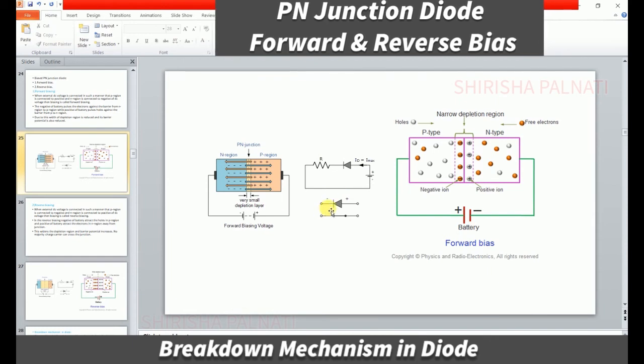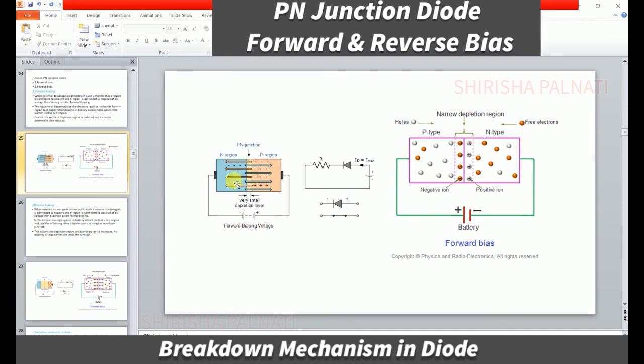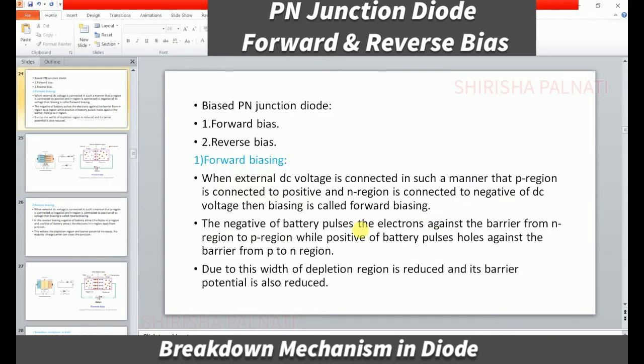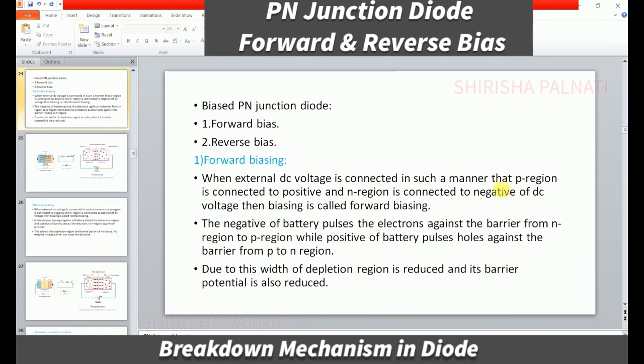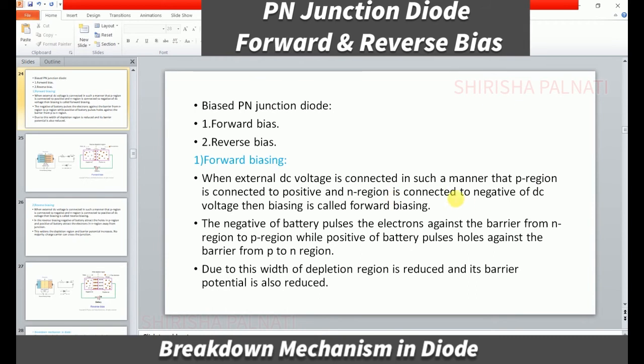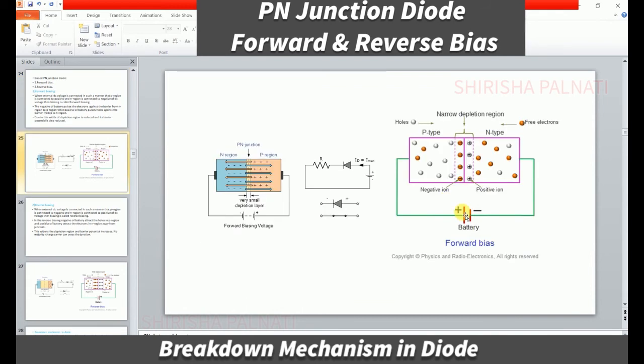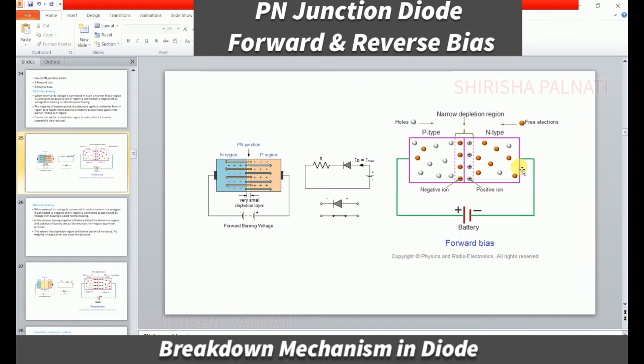Next, this is the forward biasing voltage. What operation occurs while we connect the battery for forward bias? See here, when an external DC voltage is connected in such a manner that the P region is connected to the positive and the N region is connected to the negative of the DC voltage, then the biasing is called forward biasing. Already I told you. The positive terminal is connected to the anode and the negative terminal to the cathode.